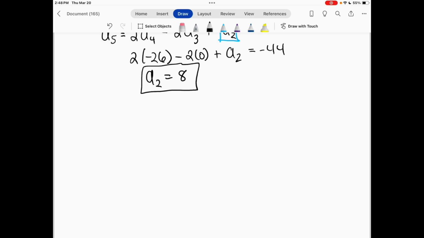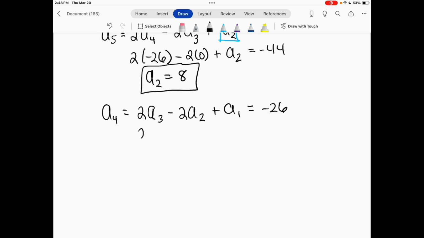All right, now we just have to find a1. So now I'm going to use a4, n is equal to 4. So when n is equal to 4, we have that a4 is equal to 2 times a3 minus 2a2 plus a1, and that's all equal to negative 26, which we were given. So we have everything we need now to solve for a1.